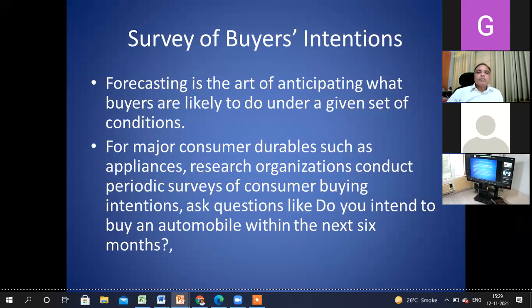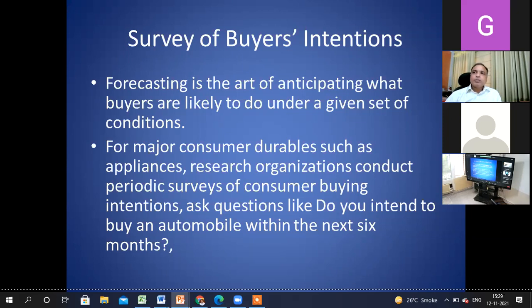For major consumers, let us take one example: consumer durables like couch, sofa set, bed, television, refrigerator, electronic appliances. Research organizations conduct periodic surveys of consumer buying intention. They ask questions like, do you intend to buy an automobile within the next 6 months?